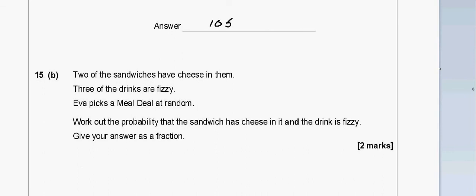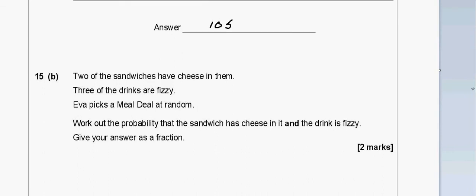2 of the sandwiches have cheese in them. 3 of the drinks are fizzy. Eva picks a meal deal at random. Work out the probability that the sandwich has cheese in it, and they've highlighted and the drink is fizzy. So because it's and, we're going to multiply. So the sandwich has cheese in it.